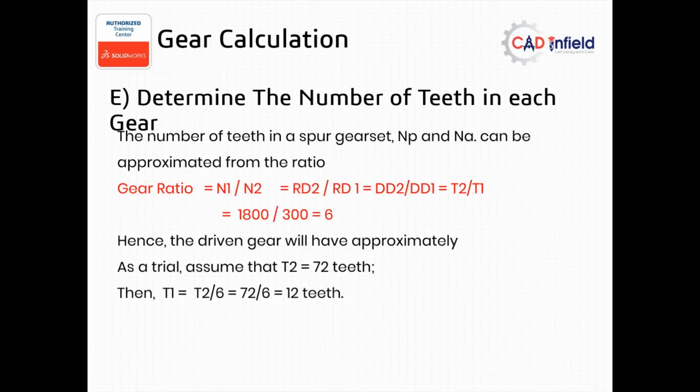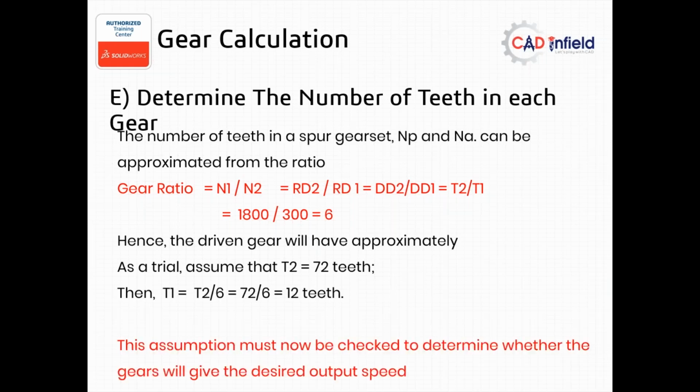So over 18 inch we will have 72 teeth, and over 3 inch we'll have 12 teeth. Half inch will be the tooth thickness between them.